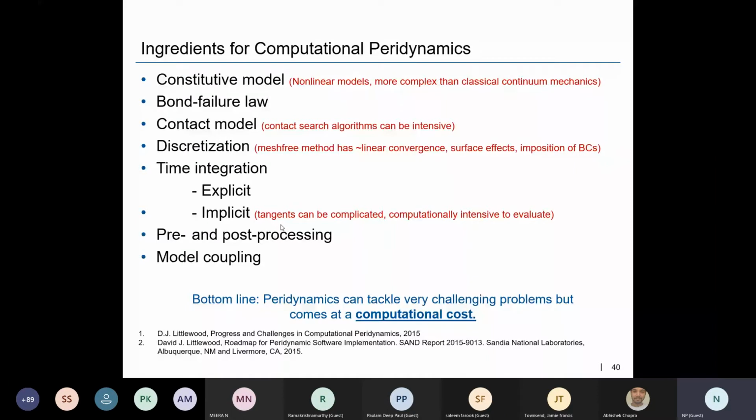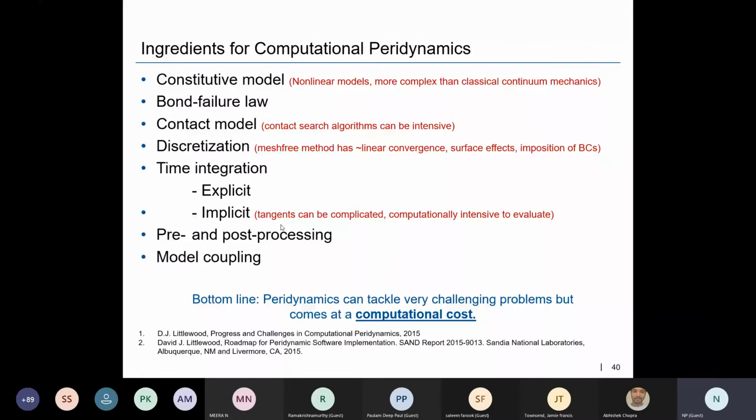So the point being, Peridynamics and maybe other niche methods can have an advantage over traditional finite elements in terms of tackling very challenging problems, but it doesn't come free of charge. It comes at a computational cost, like some of the ones that I listed.